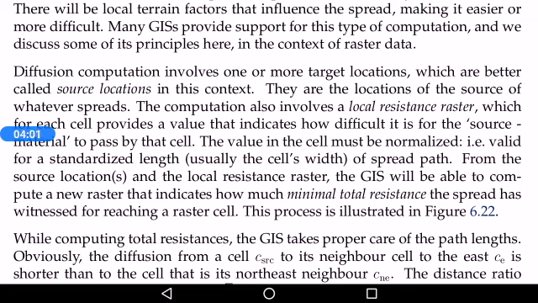So a local resistance raster is made, and the GIS will be able to compute a new raster which indicates what is the minimal total resistance the spread of this source material has encountered while reaching another destination raster cell.